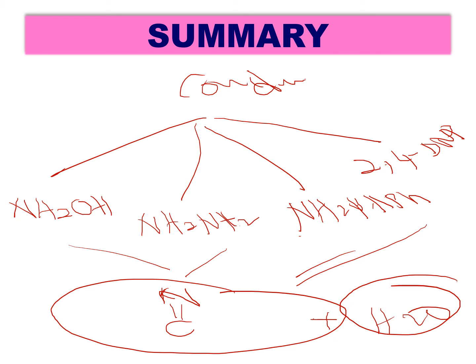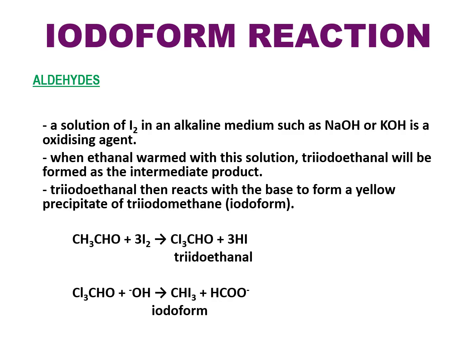If you use hydroxylamine, so it will form oxime lah. Okay, if you use hydrazine, it will form hydrazone. Kalau guna phenylhydrazine, it will form phenylhydrazone. Kalau you guna 2,4-dinitrophenylhydrazine, it will form 2,4-dinitrophenylhydrazone.